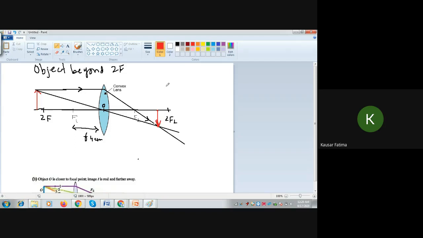So the image is real, inverted. It is smaller than the object, so we call it diminished.